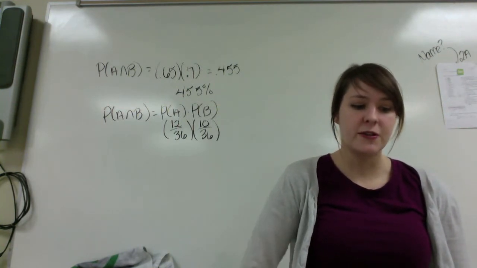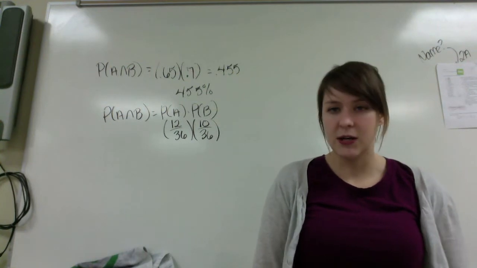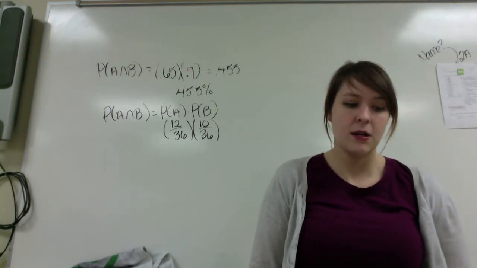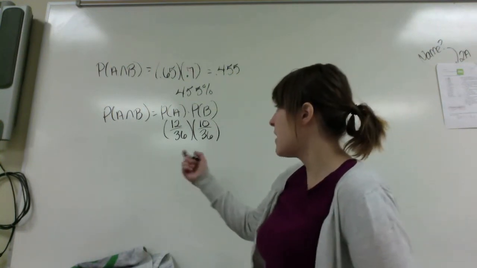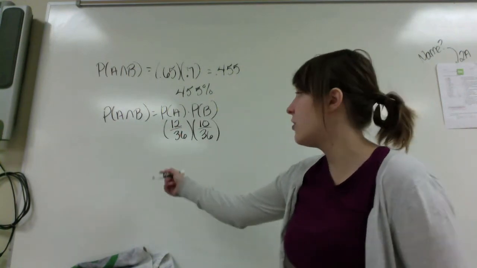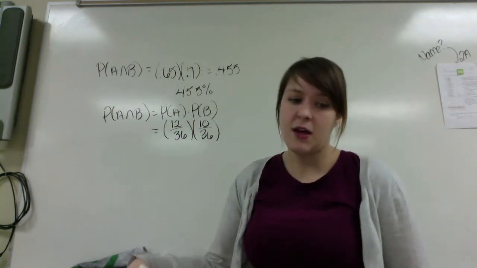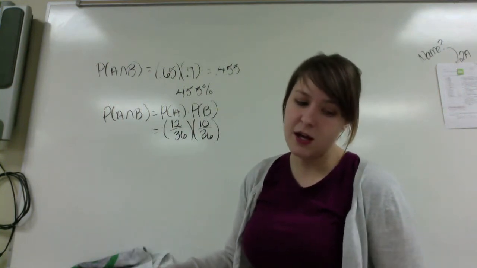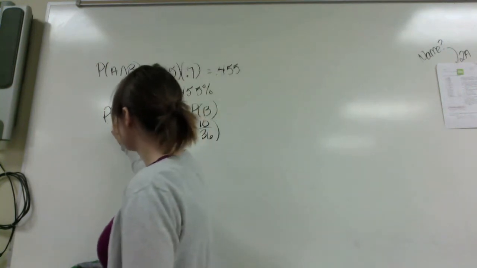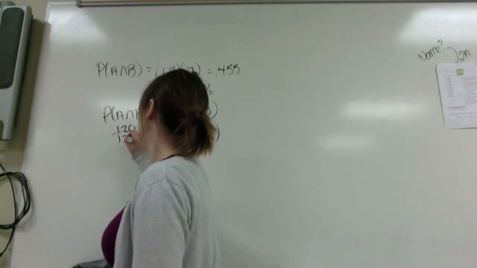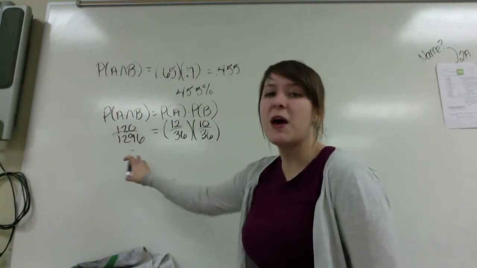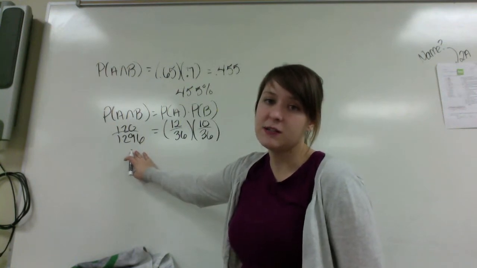Now I need to actually think about what my intersection is. Now, in order for these trials to be independent, they should follow this formula. So I should just multiply these out and simplify, and I get 120 over 1296. So if they're independent, that's what my intersection is.